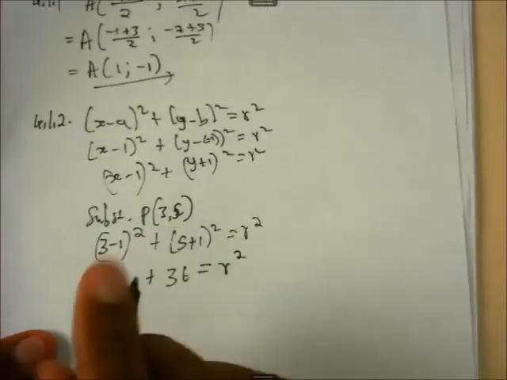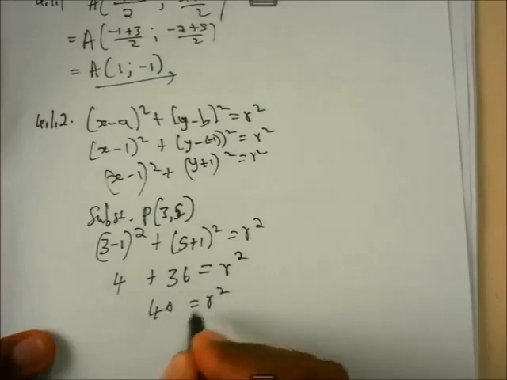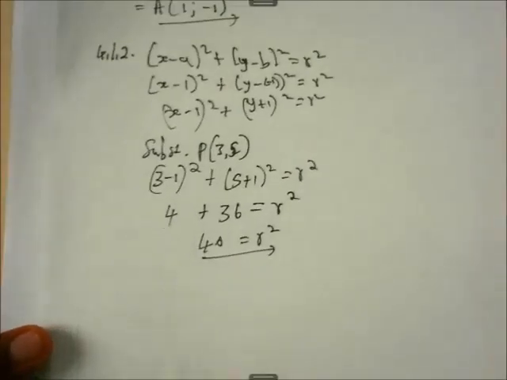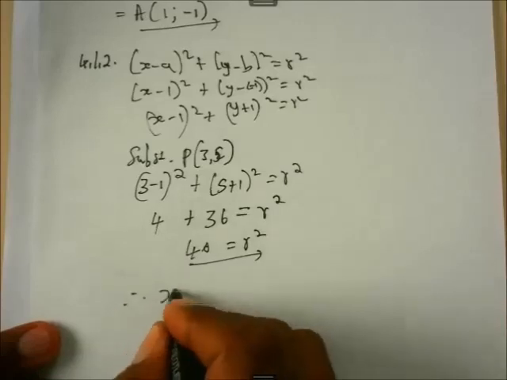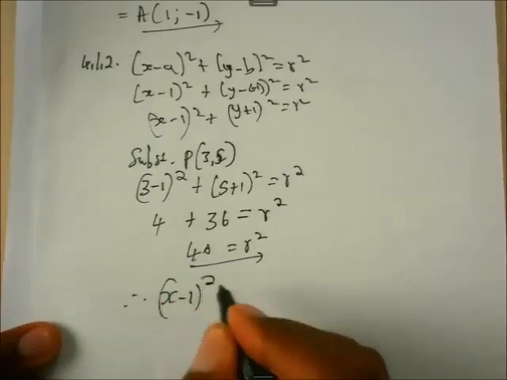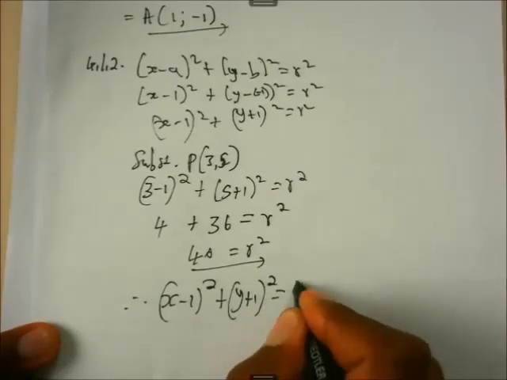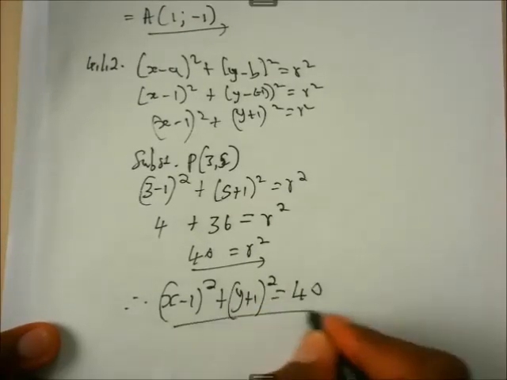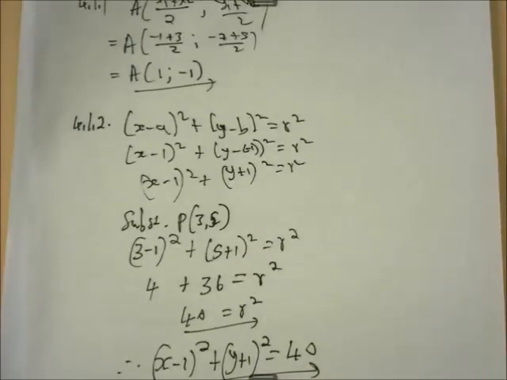Now when I add the two, 36 plus 4, that is 40. Therefore r squared is equal to 40. Therefore the equation is x minus 1 all squared plus y plus 1 all squared is equal to 40. That will be the equation of the circle with the center A.